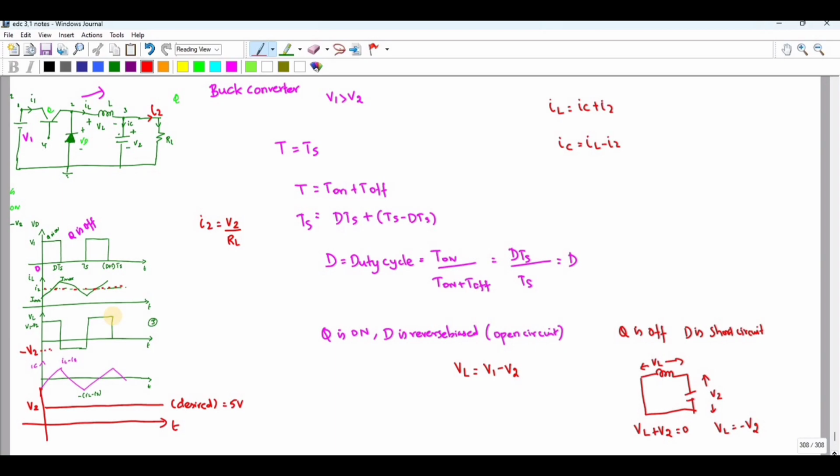What is the output I will get across this? If I want to find the value of V2, this is my desired value, but I am not getting the desired value.